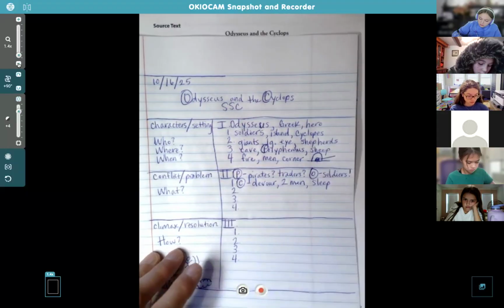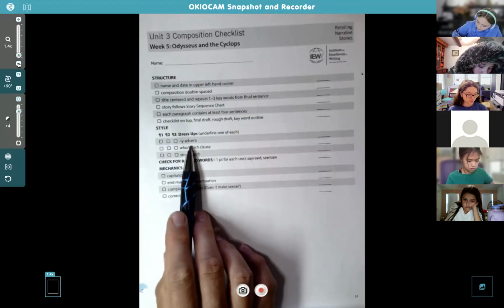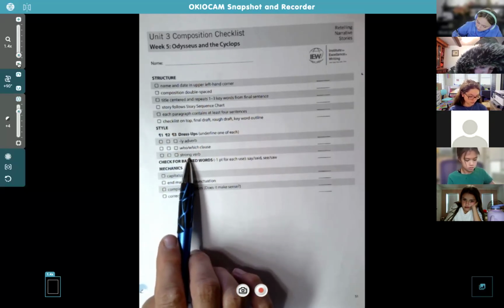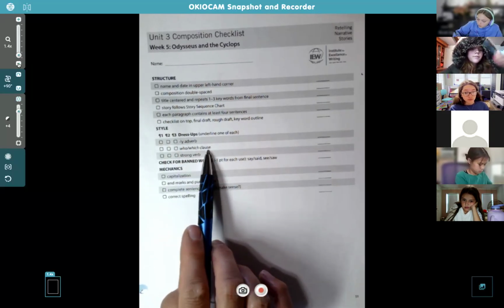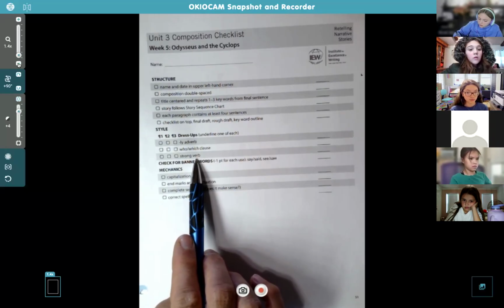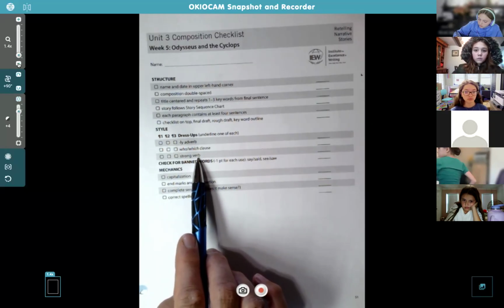Okay. So don't forget on your checklist, guys. You've got another dress up. So you're going to need three words underlined in each paragraph this week. Ly adverb, who, which clause. Strong verb is just basically like the list of words that are good to use instead of saw or said.